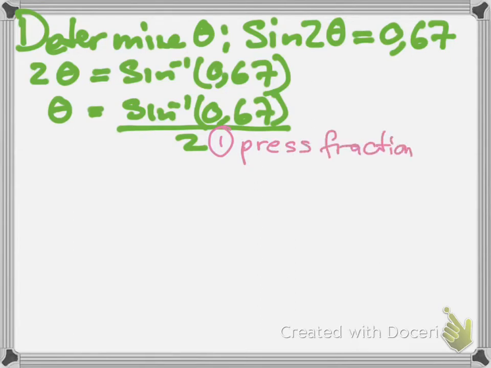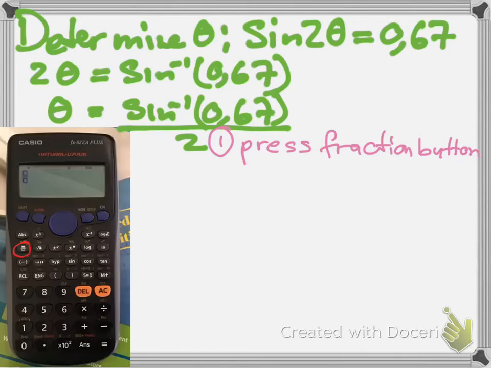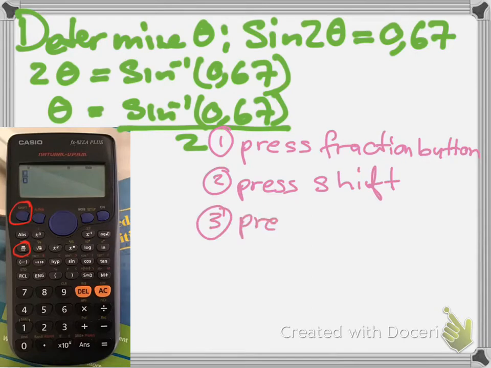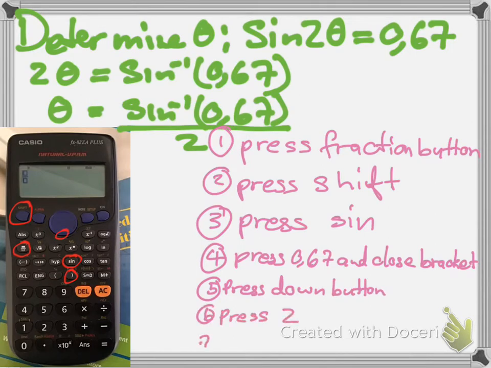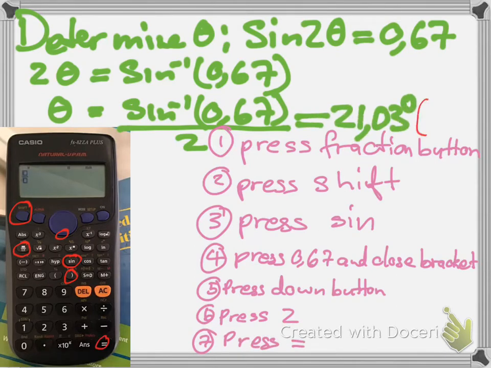You press your fraction button on your calculator, and then you press shift, and then you press sine, then you press 0.67 and close the bracket, and then you press the down arrow to go to the denominator on your fraction, and then you press 2 and you press equals, and then it gives you your answer, which is going to be 21.03 degrees. This is to 2 decimal places.